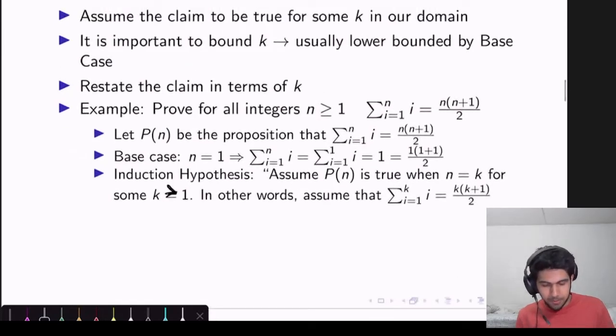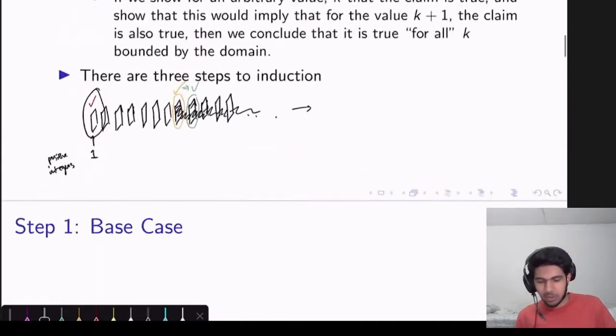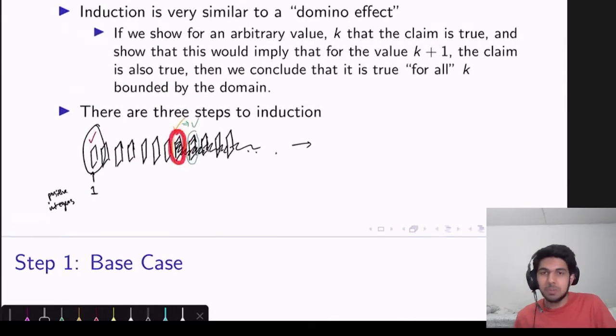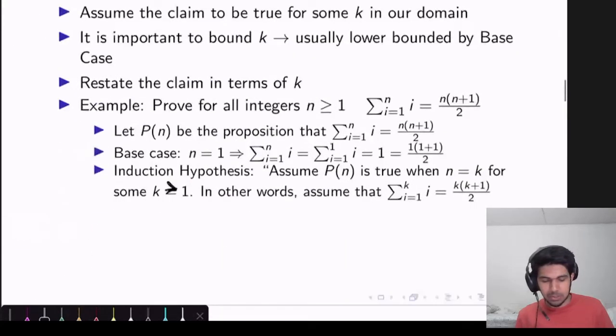So first, we assume p of n is true. That's going back to where we assumed some random domino was good. That's the correlation between the two. Okay, assume p of n is true when n equals k. When we're setting n equals k, that's us choosing a random domino.